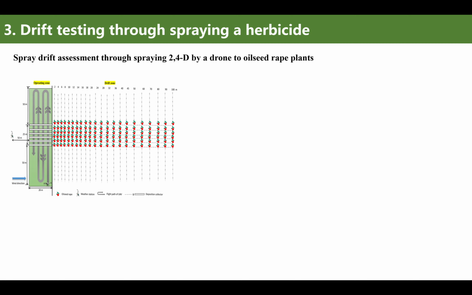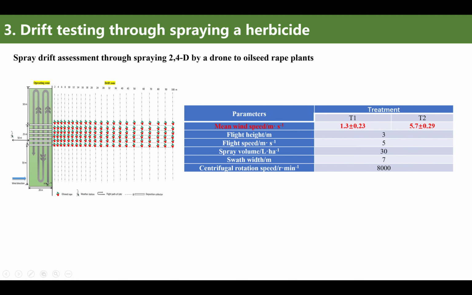We tested the spray drift by spraying 2,4-D, a herbicide, by drone to oilseed rape plants. The red ones are the plants, and at the same time, we collected the drift by cards. The black ones are the cards. Here are parameters of drone spraying.